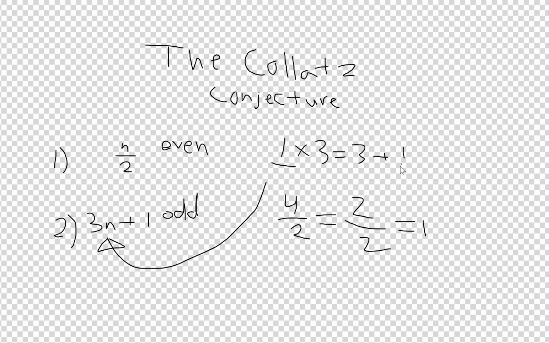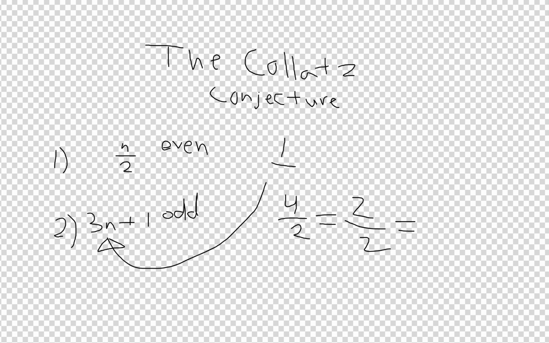The Collatz Conjecture states that no matter what number you use for this problem, you will always result in 1. This is proven true, and I will explain why it is true.